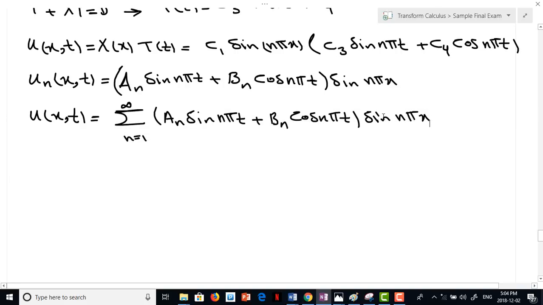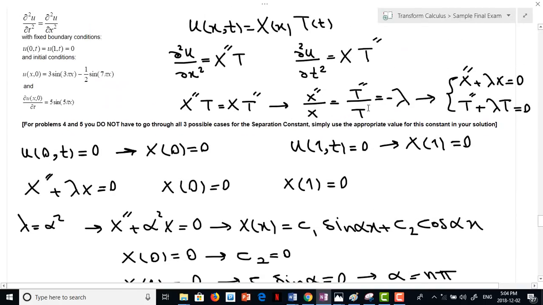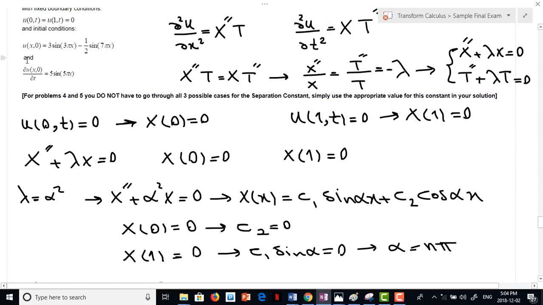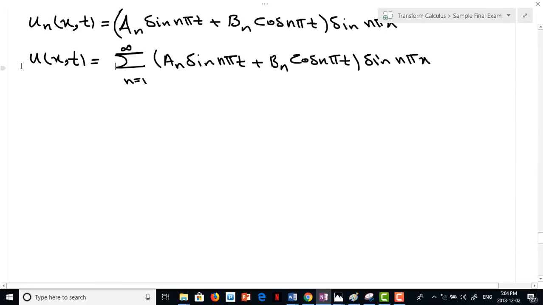Now we have to find an and bn. For finding bn, we go through the initial conditions. So we have u of x and 0 is equal to 3 sine 3 pi x minus half sine 7 pi x.